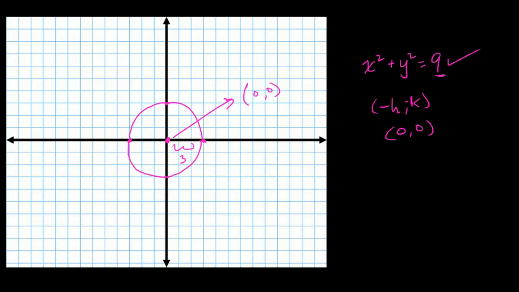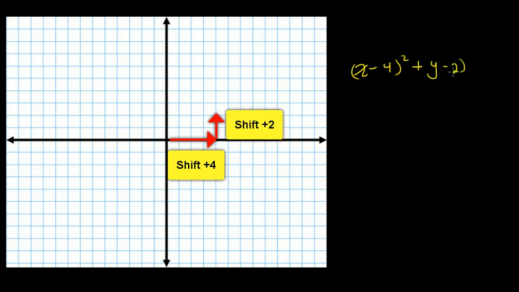Let's take a look at another example. Let's try one where we do have a shifter, x, let's say minus 4 quantity squared plus y minus 2 quantity squared, and we'll set that equal to 16.